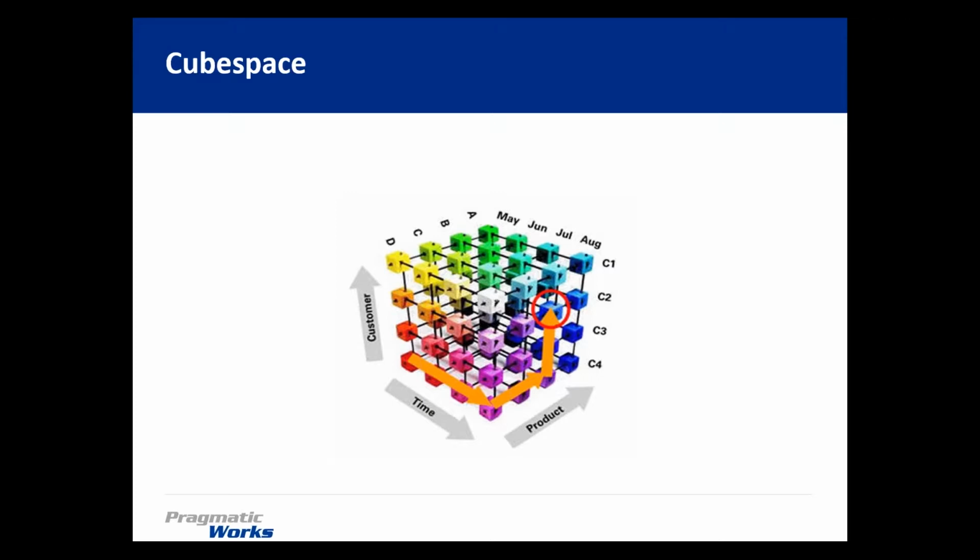Absolutely. So when we talk about cubes, cube is an abstraction. It's not really a cube. It is a multi-dimensional database. It is a way to think about the data. You can actually have a huge number of dimensions, but our brains can really only comprehend about 3 dimensions. So we use cube.